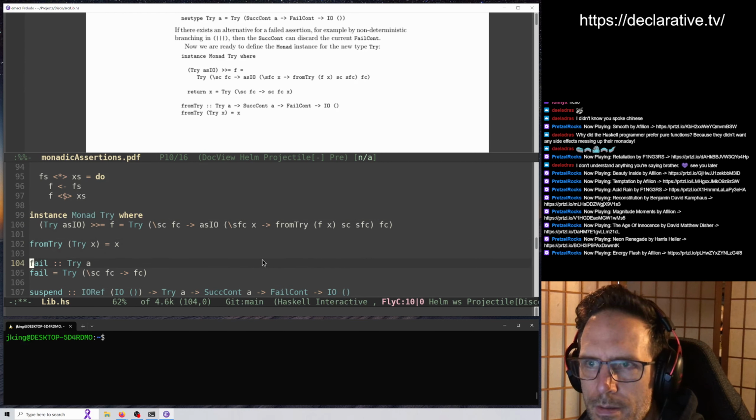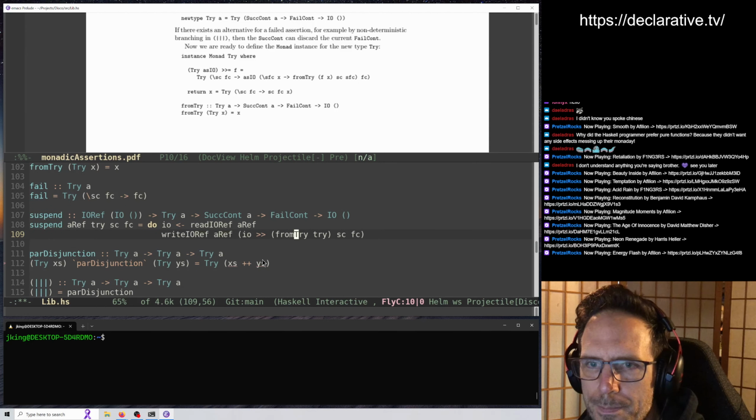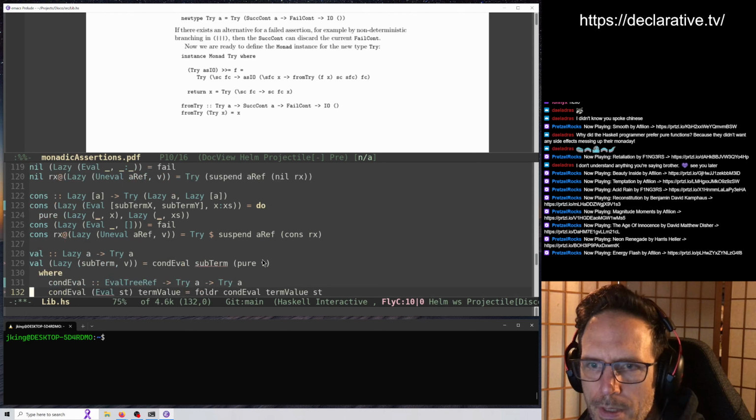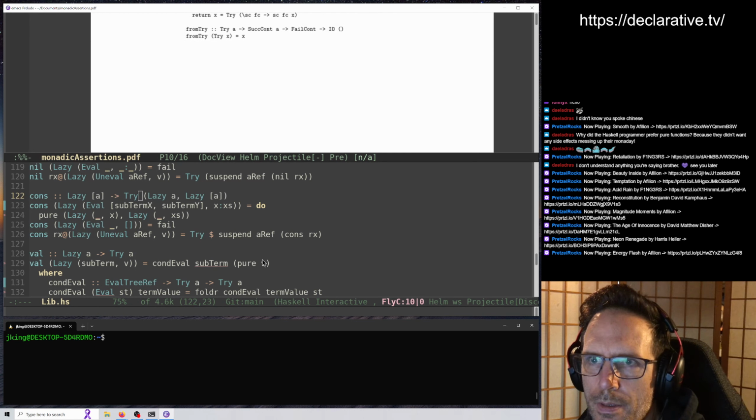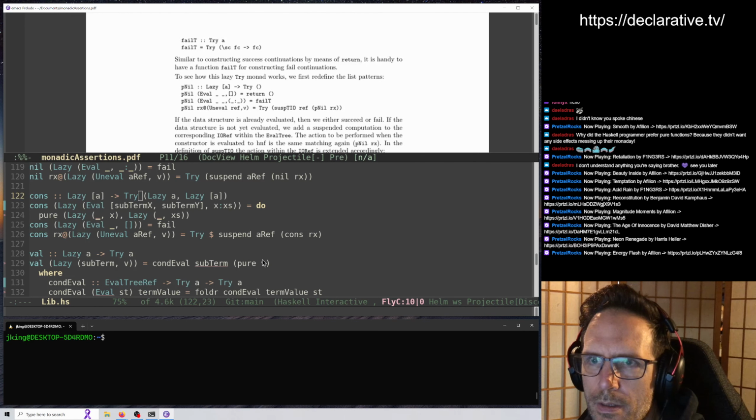And then interesting that they use from try here. So like suspend can go and do IO stuff because it's in IO. But cons is in try. So I'm wondering how this paper, is it a mistake that they think they can run?